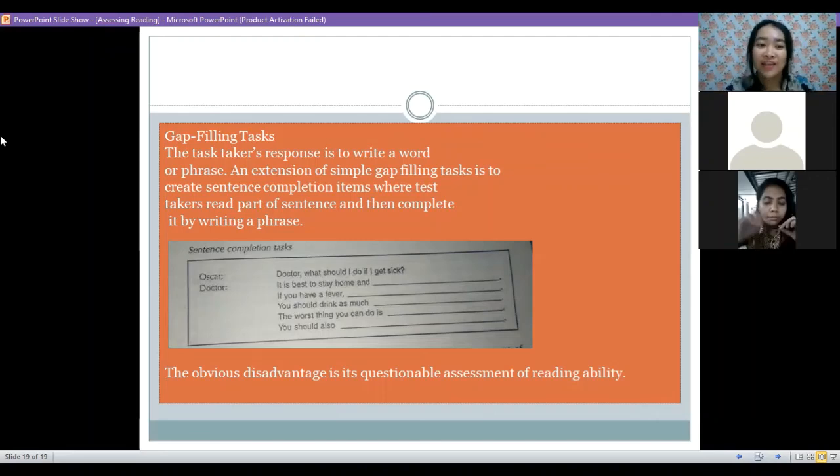And then the doctor gave his response by saying, you should drink as much water or vitamins or orange juice or something like that. And then the test taker can answer it with anything they want. And then the obvious disadvantage is its questionable assessment of reading ability.